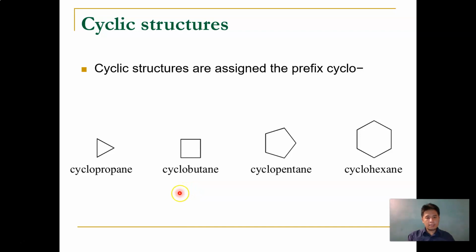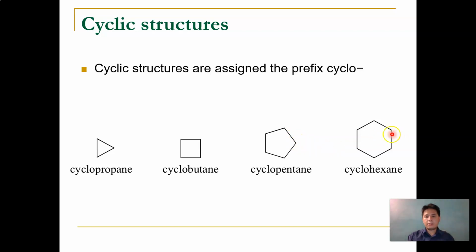Okay, they exist, but they are also quite unstable because carbon is usually tetrahedral, and for tetrahedral, the bond angle is 109 degrees. So a triangle is very, very different from 109 degrees. A square is also very different from 109 degrees. This one, a pentagon, is not perfectly stable, but it's close enough to 109 degrees.